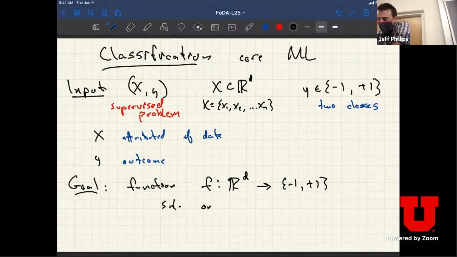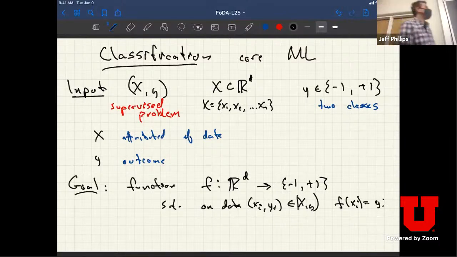One is on data x_i, y_i: I want f of x_i to be equal to y_i, right? So I want the function to predict -1 or +1, and I want that to match the value I get on the data.